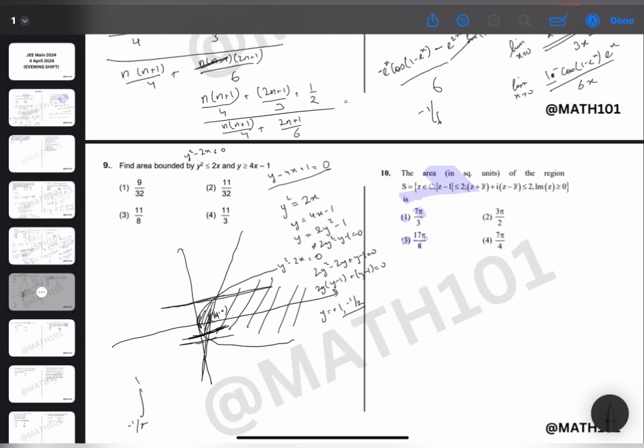So while integrating g(y) minus f(y), f(y) would be this lower curve, which would be y square by 2, and g(y) would be this higher curve, the straight line, which would be y plus 1 by 4, dy. So this integral becomes minus half to 1 of y plus 1 by 4 minus y square by 2, dy.